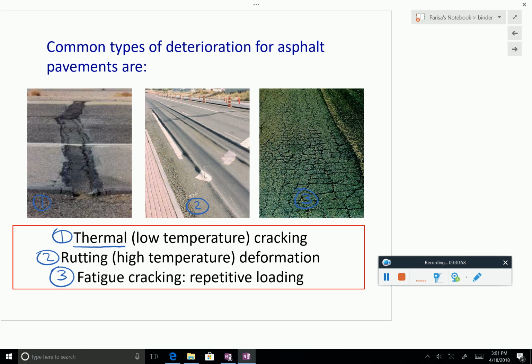And we want to understand each one of them a little bit better because, as I said, the purpose is to choose the material such that none of this happens. That's the purpose. So sometimes this is also called low temperature cracking. Oh, it's written here. Rutting is rutting and fatigue cracking is fatigue cracking. Okay?